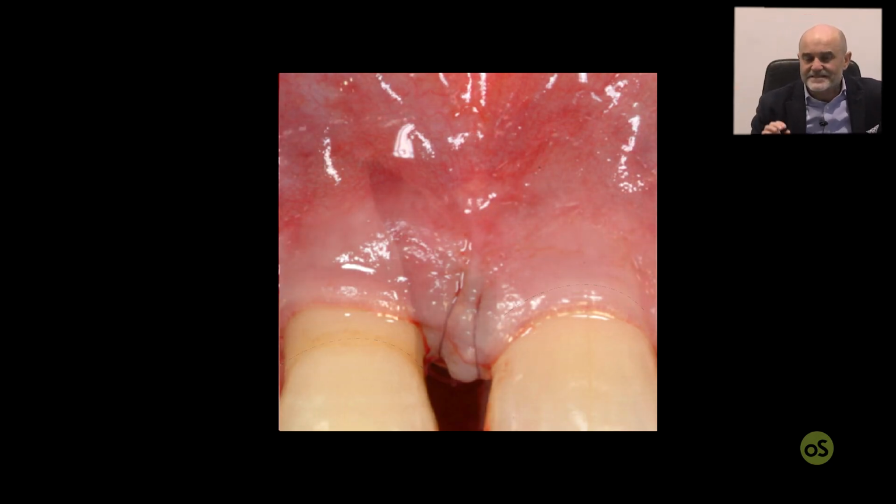And this is completely independent of what you place in the intrabony component, even if you don't place anything.